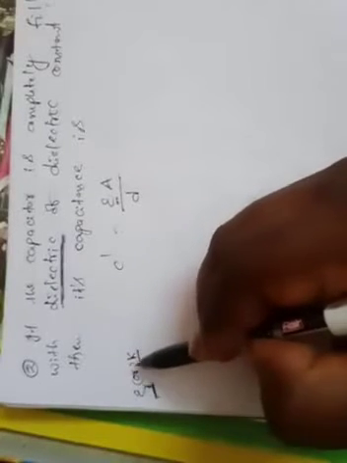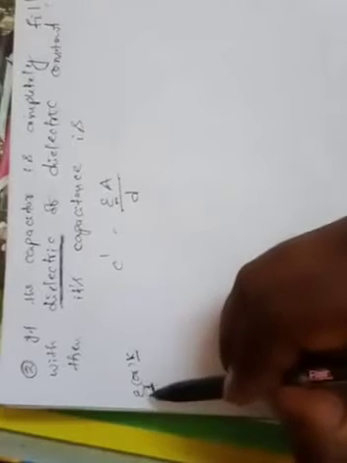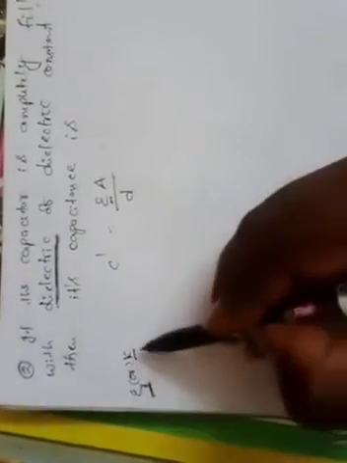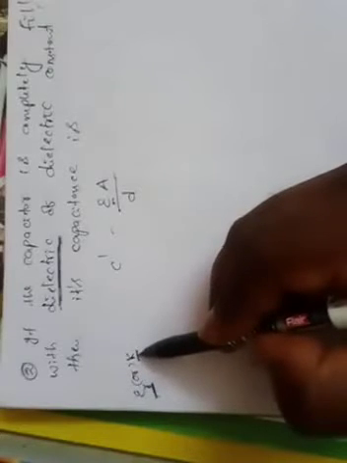K means here dielectric constant. So both will be the same. Instead of epsilon r, in this chapter we will use K. K is the relative permittivity of the medium, or we can call it the dielectric constant of the medium.